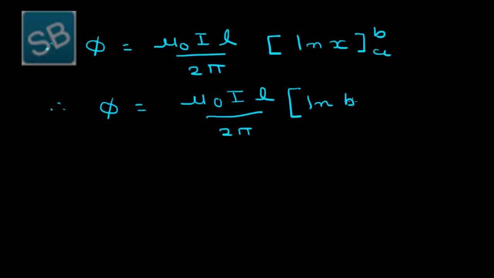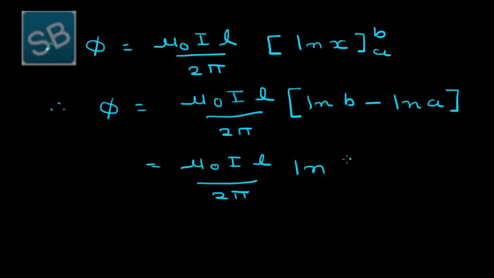So this is ln B minus ln A. Now according to the law of natural logs, I can divide these two quantities B and A. So that is ln of B by A. So this is the magnetic flux.